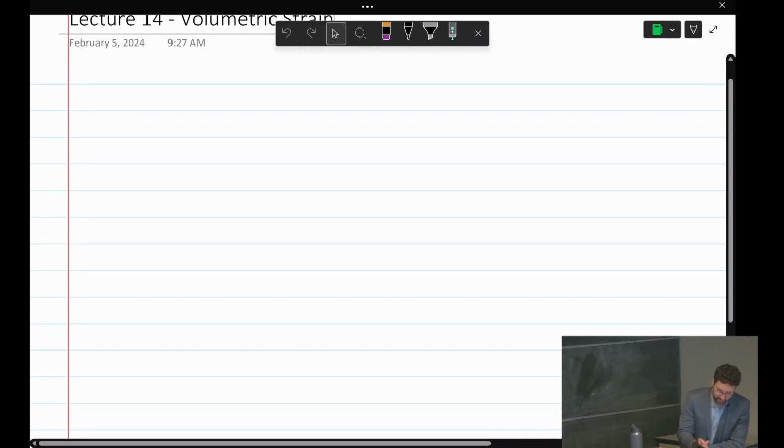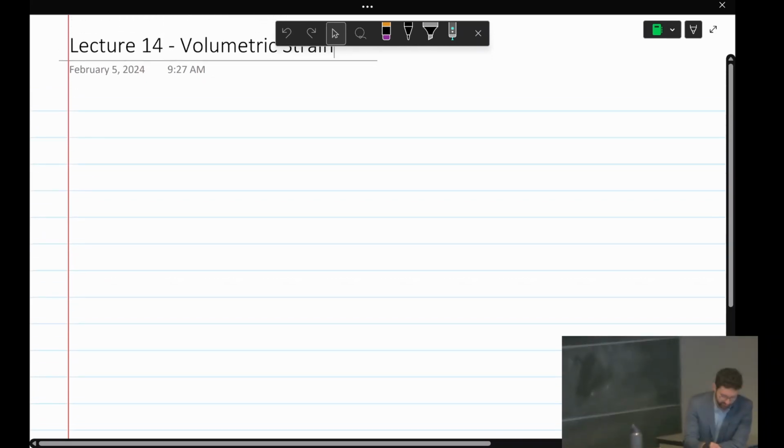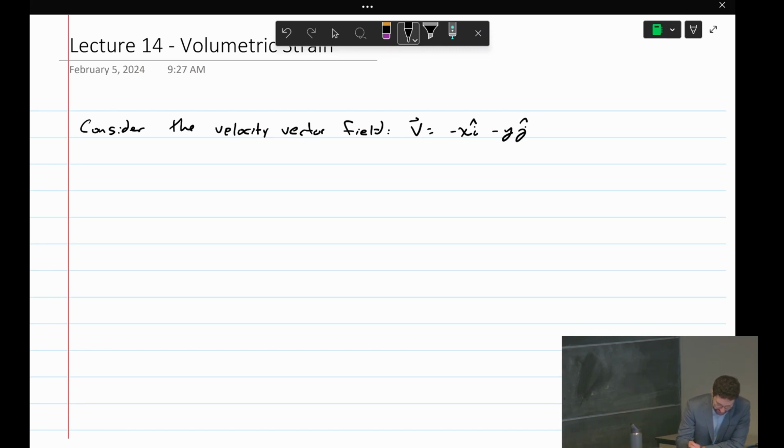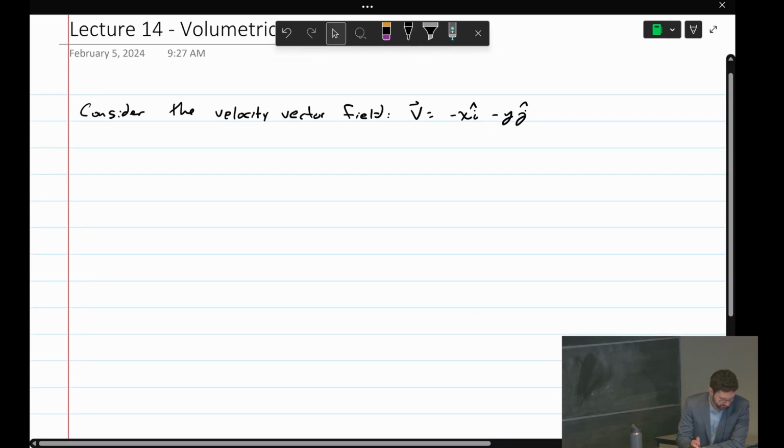Okay, so let's start by considering an example velocity vector field. Consider the velocity vector field V = -x i hat - y j hat. Let's sketch some vectors from this field.